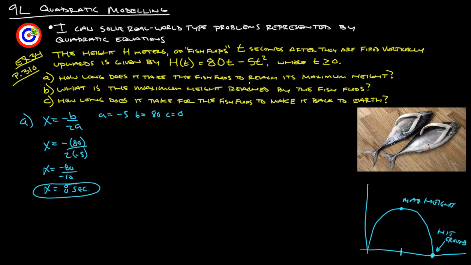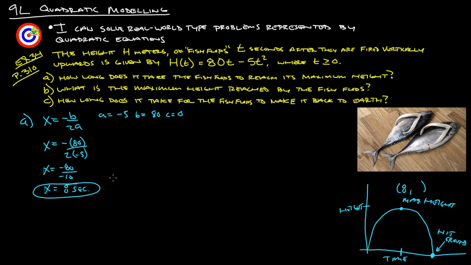Okay, so what is the maximum height reached by the fish flop? If this here is the axis of symmetry, again we know that the x coordinate is 8, for 8 seconds. To find what the actual maximum height is, because down here is time and this is the height, we'd just plug our 8 in to get what the y is, because that'll give us our maximum height.